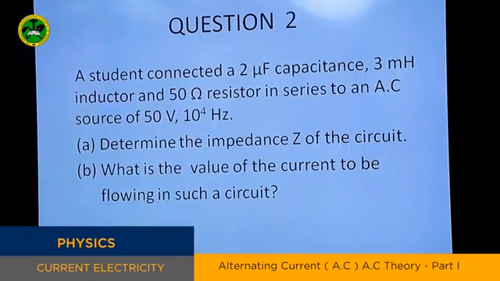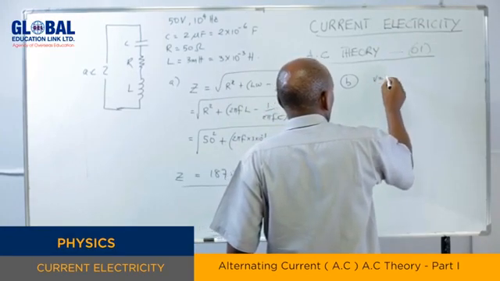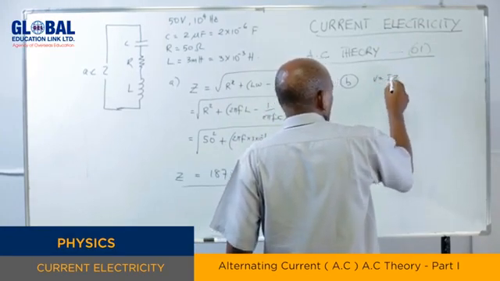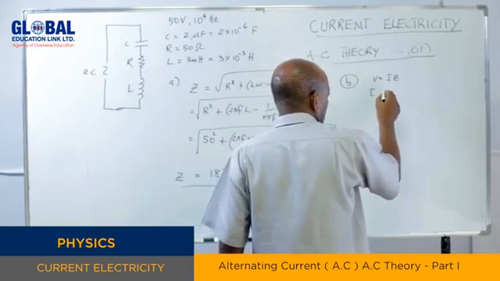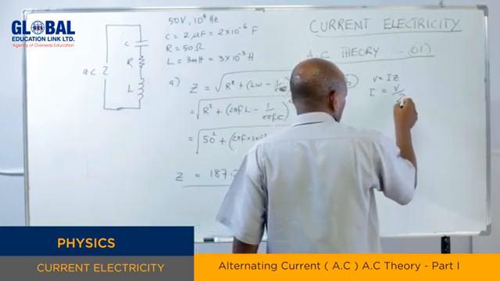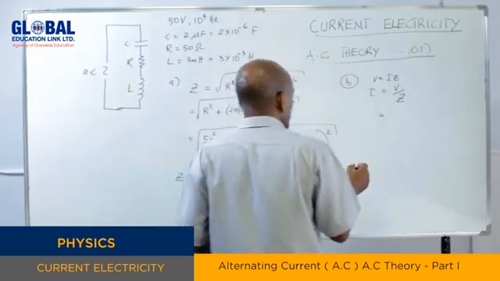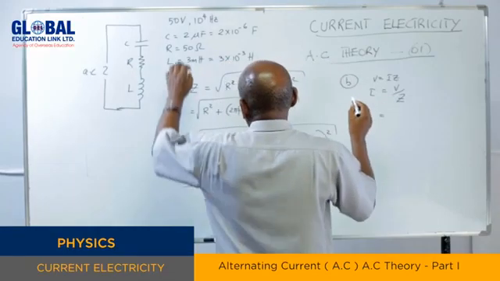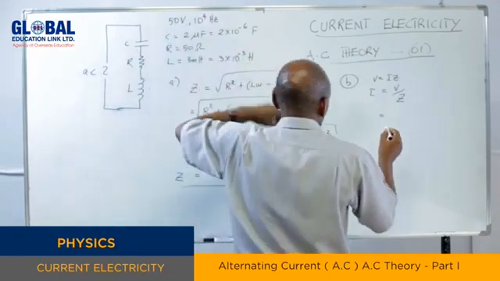Part B, what is the value of the current flowing through the circuit? Having obtained the impedance, we know from Ohm's law that V is equal to I times the impedance. So the current I will be equal to the voltage divided by the impedance Z. The impedance has already been obtained, and the voltage of the AC source is 50 volts.